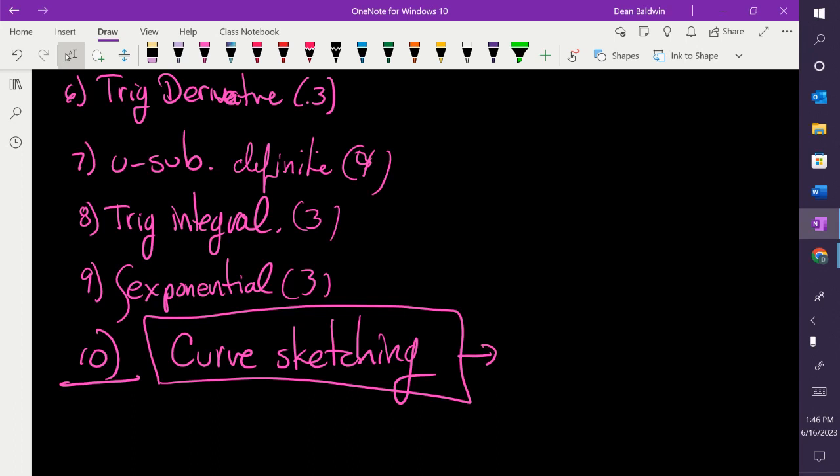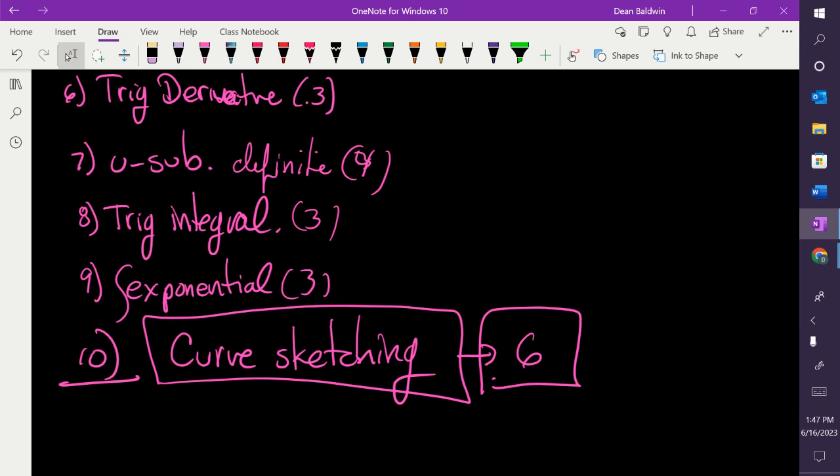Well, if we do the whole curve sketch, finding the first and second derivatives... No, I'm not going to ask you to find the derivatives. I'm going to give you a bunch of information and ask you to sketch it. So it's a 6-mark question. You just have to interpret the information. I'm not going to ask you to find the derivatives because that would turn into a long, long question.